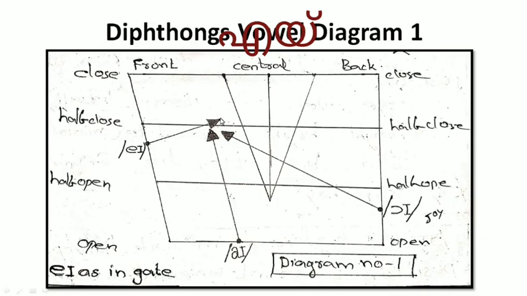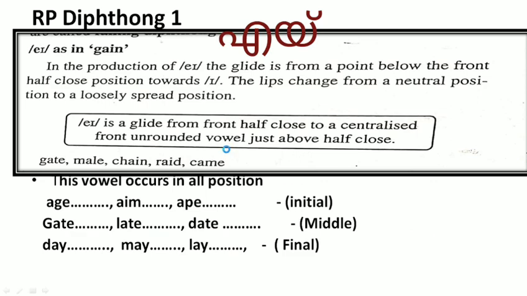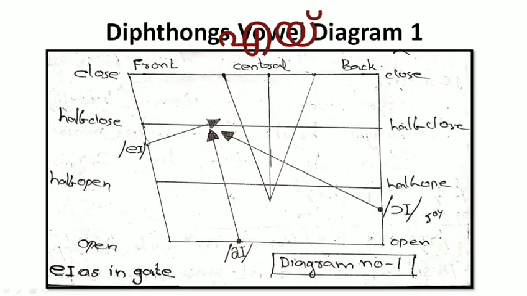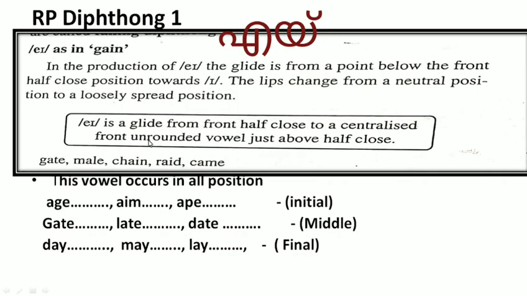So this is an unrounded diphthong. It is a glide from front half close to a centralized front unrounded vowel just above half close, which is the unrounded front vowel I.